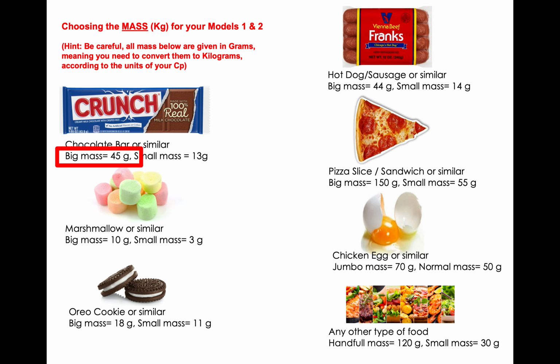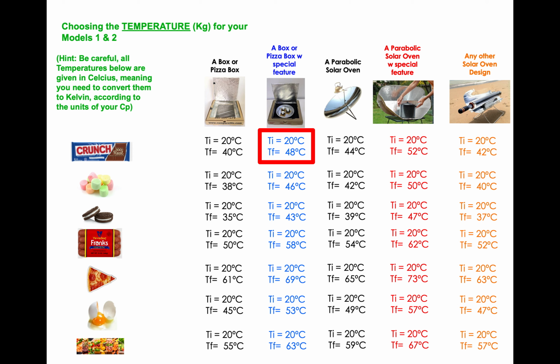For mass, as I'm using the whole bar, I use 45 grams. And finally, for temperature, as I have a pizza box with a special feature and I use chocolate, these are my initial and final temperatures in degrees Celsius.